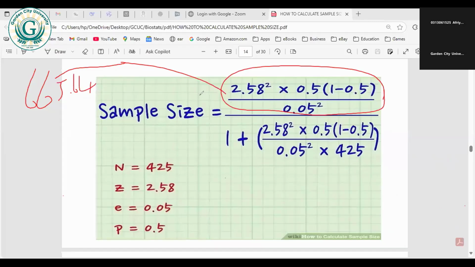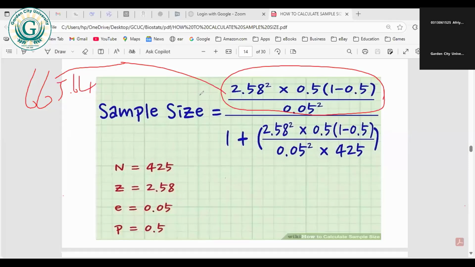Sir, please, I wanted to ask, when we got 6.6564 from 2.58 square, do we have to write all the answers, or can we just write some of it, like 6.66 or 6.7, instead of writing all the 6.6564?